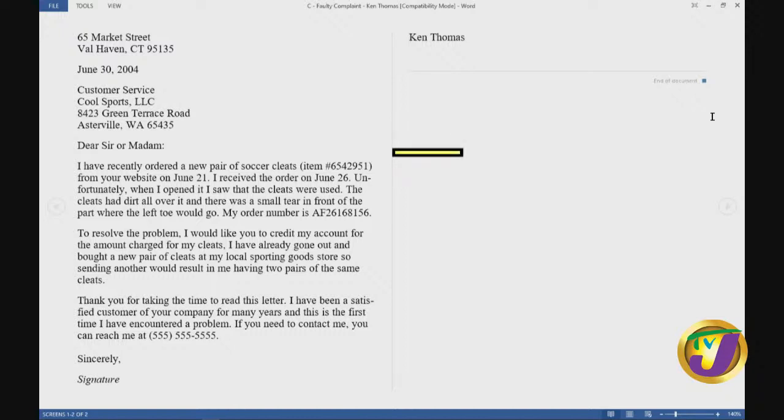You want to specify. So remember now, when you're doing your letters, be they letters of complaint or letters of request, there are certain rules and guidelines you want to follow. You want to ensure that, first of all, you keep them concise, remain on point, stick to the details that are necessary. You want to ensure that you remain polite.